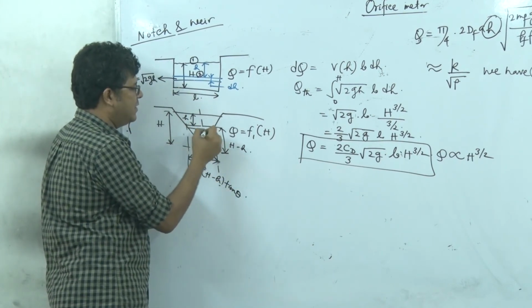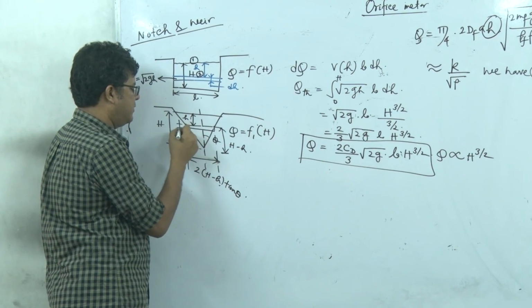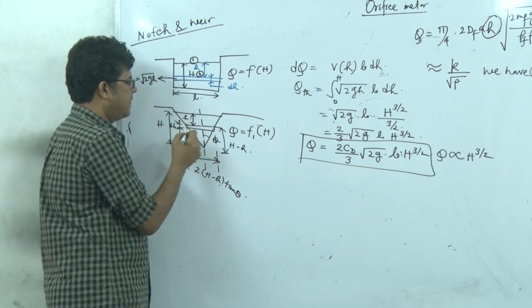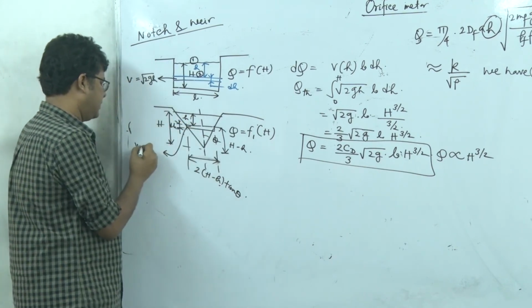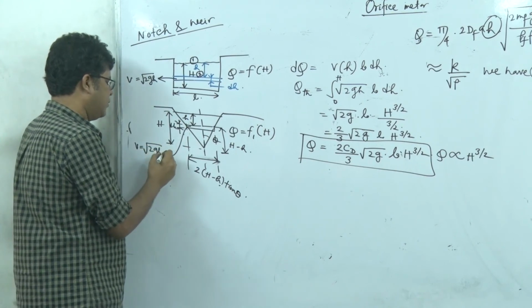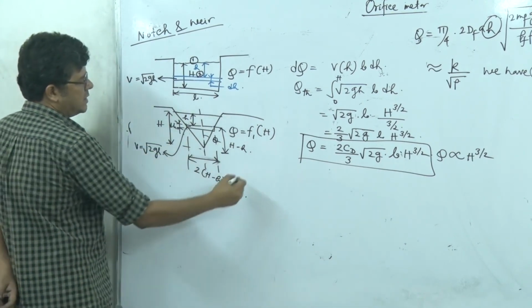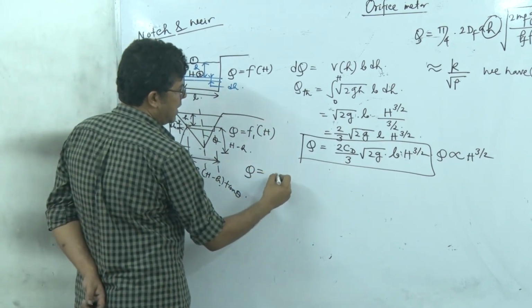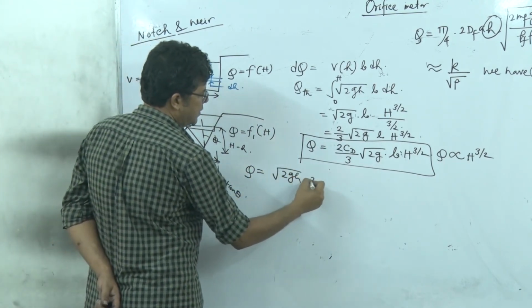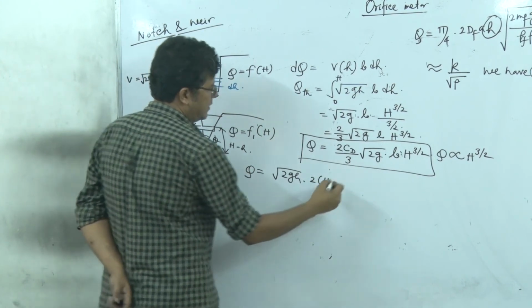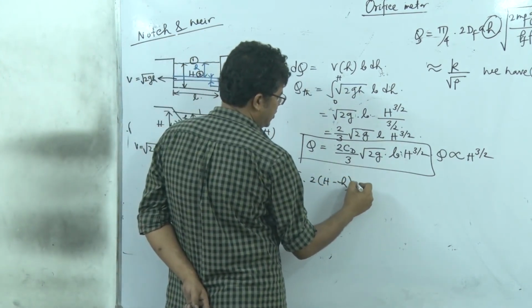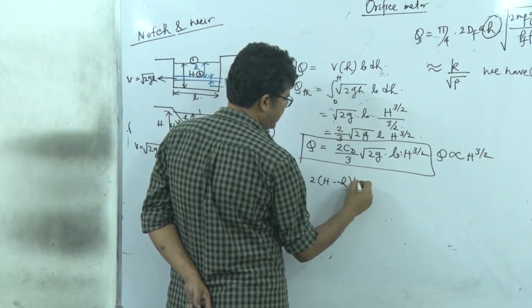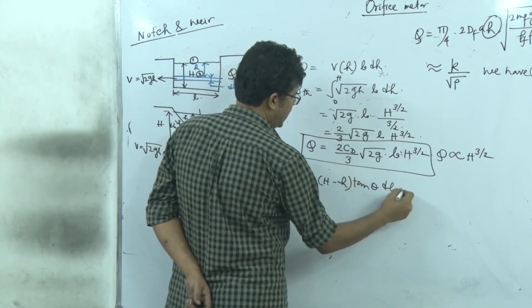And if I consider again a strip of this thickness dh, here the velocity, just like previous, will be root of 2gh. So the flow rate Q will be equal to root of 2gh into twice of H minus h into tan theta into dh.